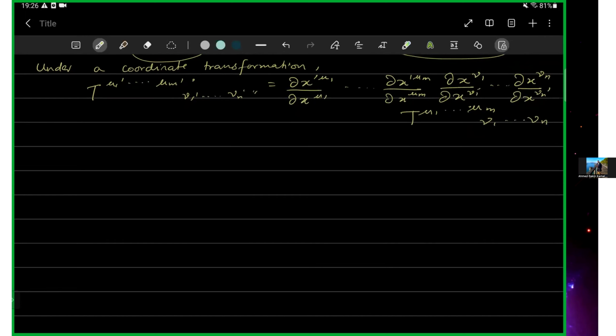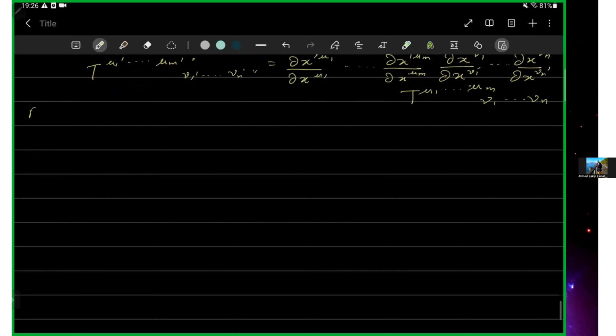Now, for tensors particularly, we have two important operations that we can do. One is that if you have two tensors, let's say I have two tensors S and T, where S is of rank (P, Q) and T is of rank (R, S).